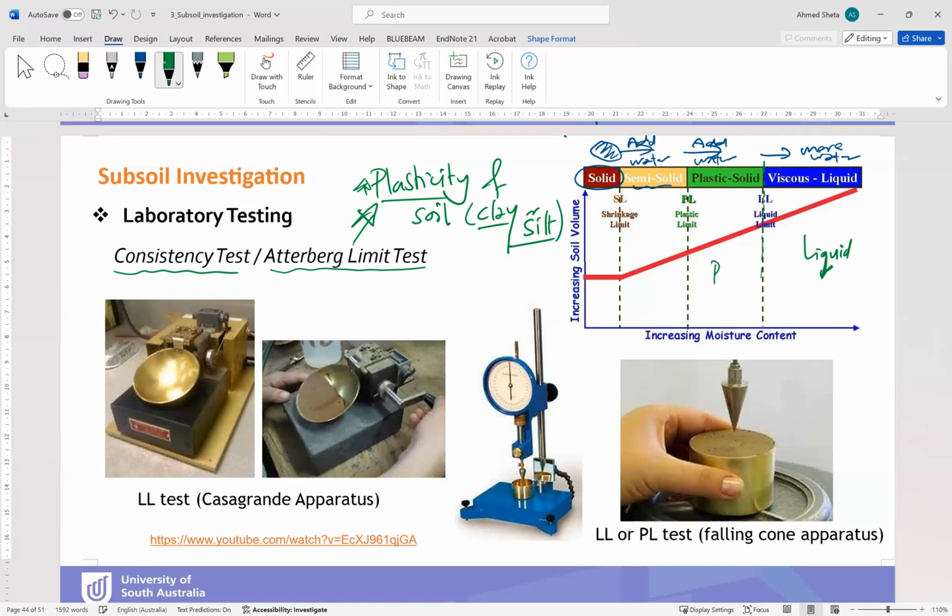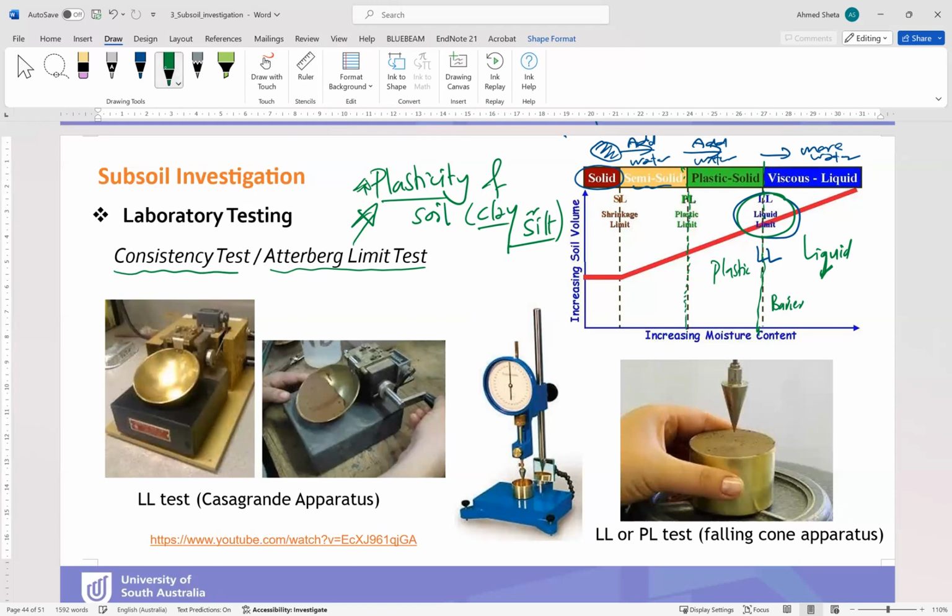Okay, so the barrier between the liquid state and the plastic state, the green barrier, is called the liquid limit. So the liquid limit, LL, is the barrier between liquid state and the plastic state. And we have another barrier between the plastic state and semi-solid state.